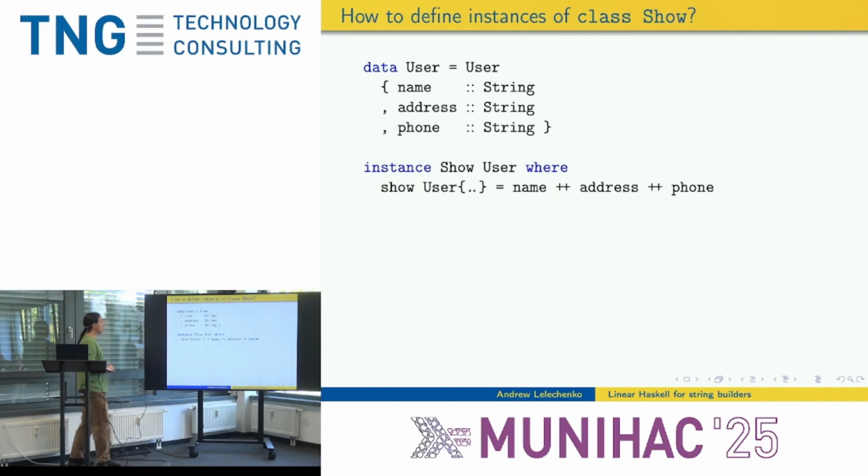And here is my data type User with 3 fields. Let's imagine for simplicity that all 3 fields are String, right? And here is my instance Show, which for the sake of argument just concatenates all 3 strings together. I guess in a real world example, we would like to put some fillers in between, maybe new lines or whatever, but the simplest case is just this.